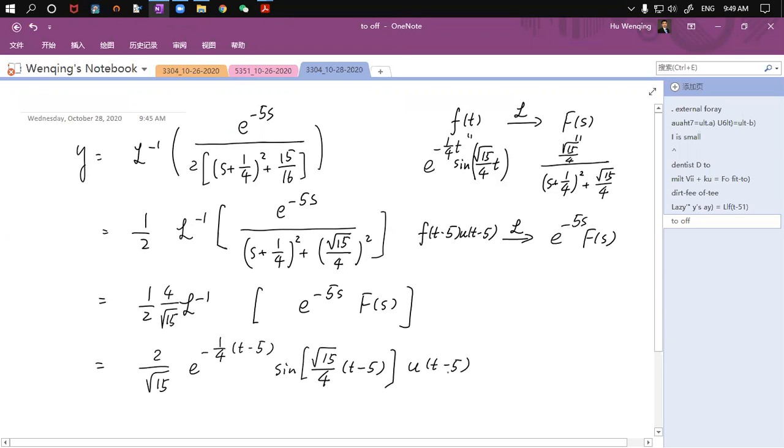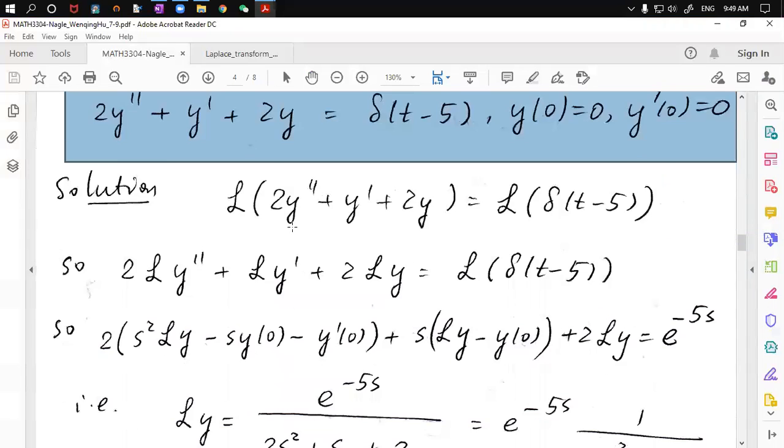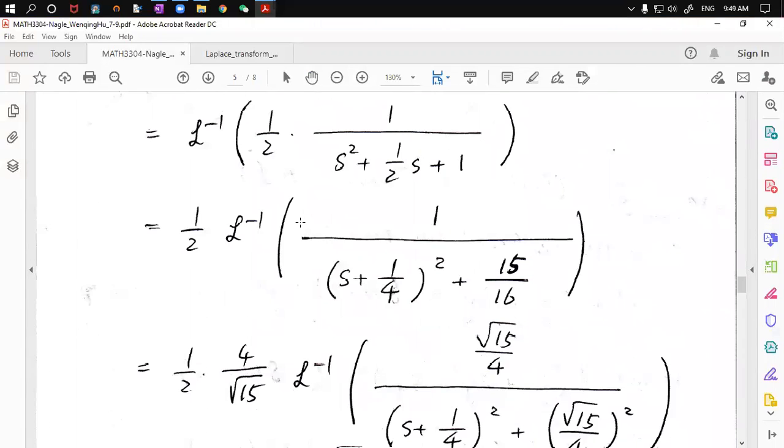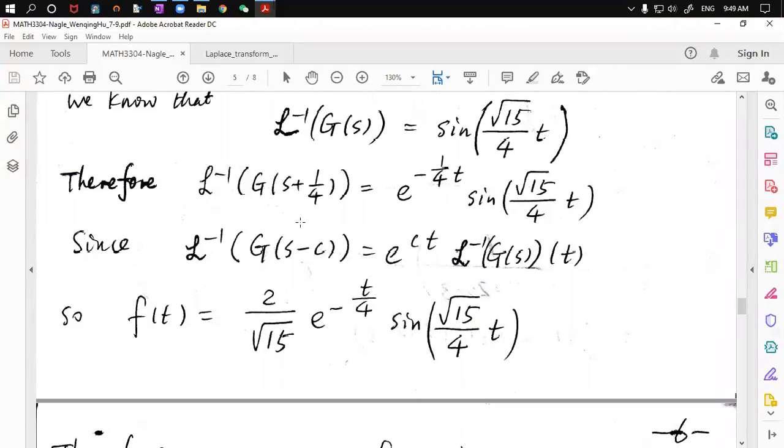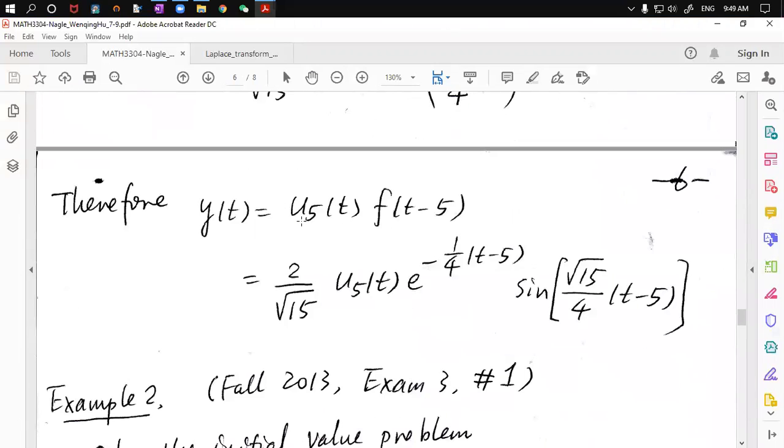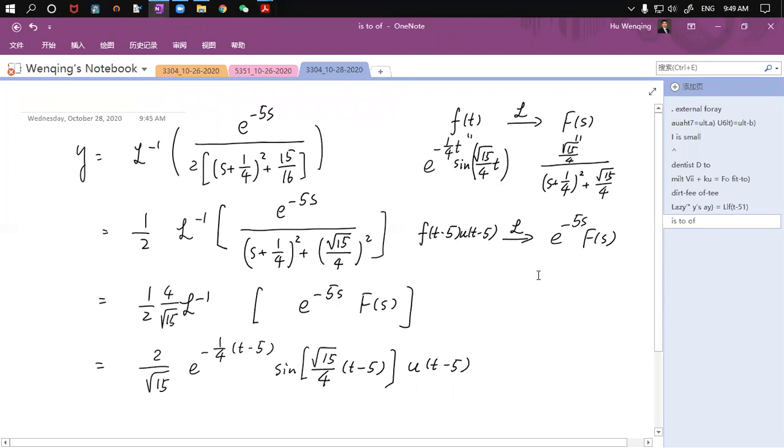You can see how synthetic such problems can be. We have been using the shift table of the Laplace transform several times in order to reach a satisfactory answer for our question. Is that good for everybody? Okay, so that's not such a simple answer, where you have to use these steps. Is that good for everybody?